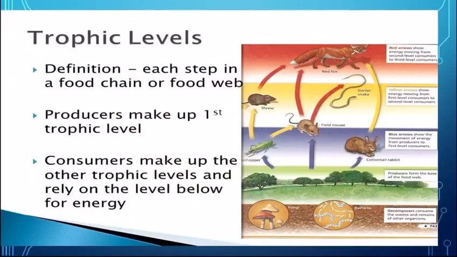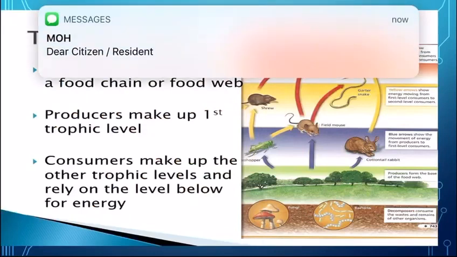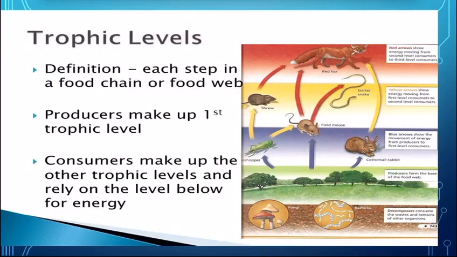Now, what are trophic levels? Each step in the food chain or the food web is called a trophic level. That is, producers are the first trophic level, primary consumers are the second, and so on. And each level relies on the level below for energy, which is always transferred in a reduced form.